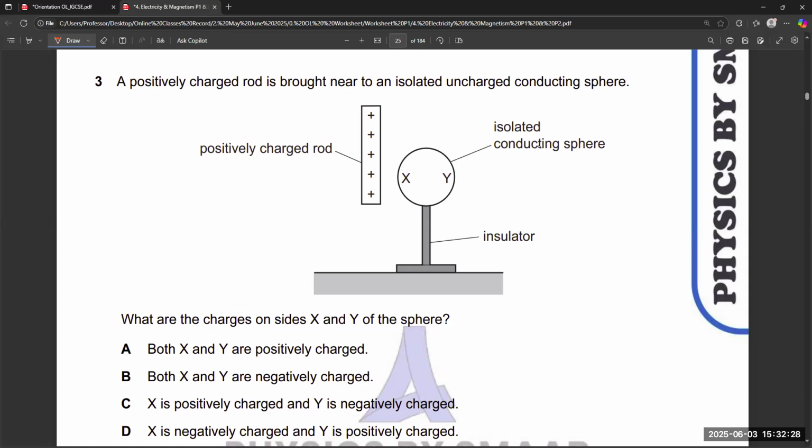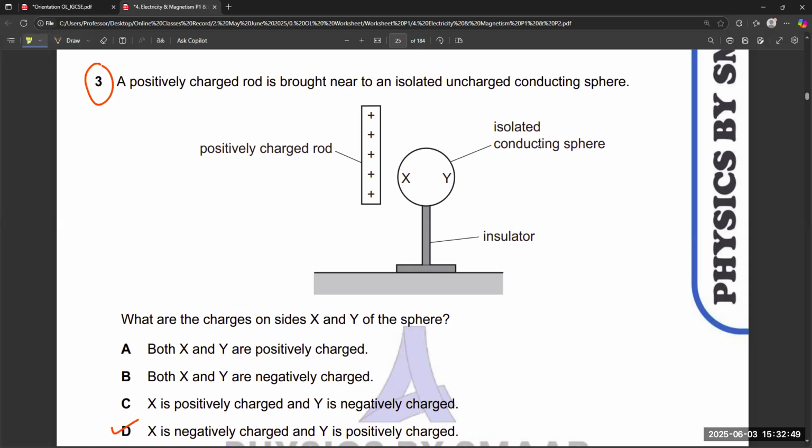Uncharged means we have both positive and negative charges available on the sphere. So it is D. The negative charge transfers towards the left-hand side, so X is negatively charged and Y is positively charged.